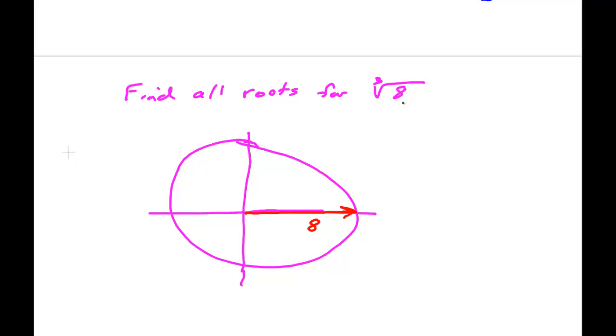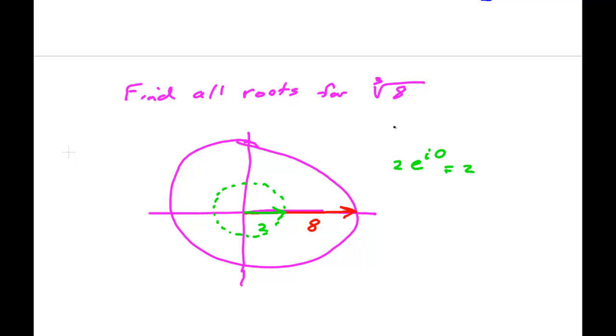So when we take the cube root of 8, the real number, the first root we're going to get is going to be only 2. And we're going to have another circle. So one solution is 2e to the I 0, which is just 2.